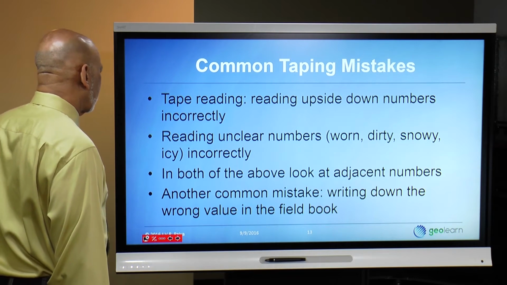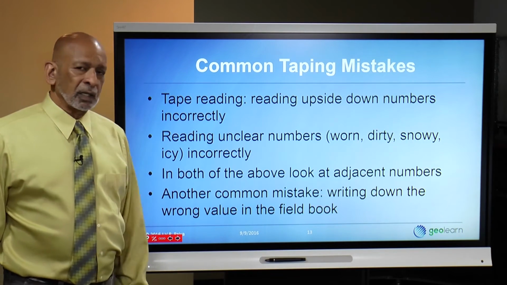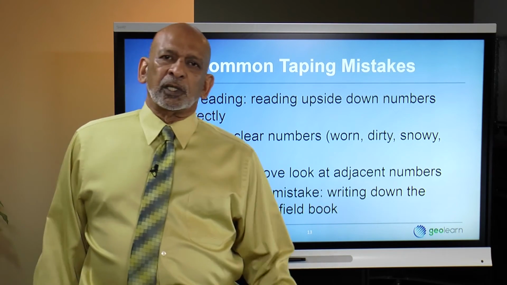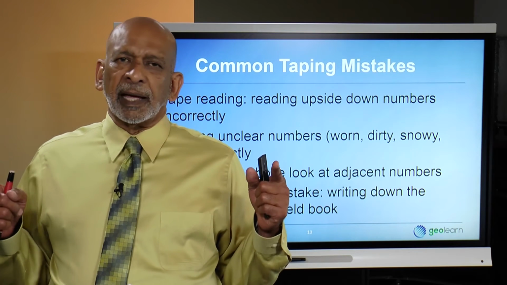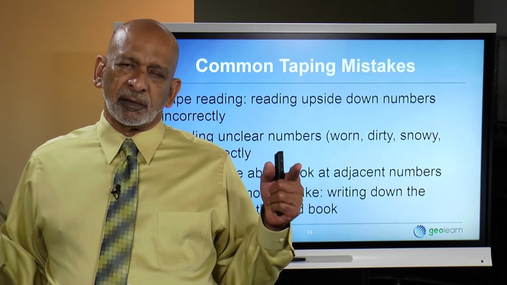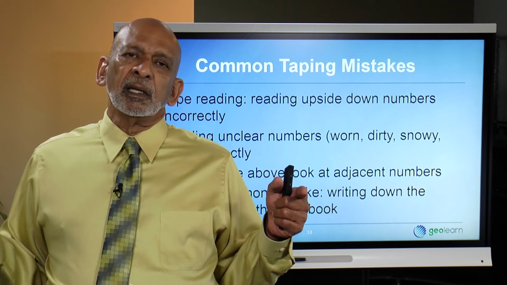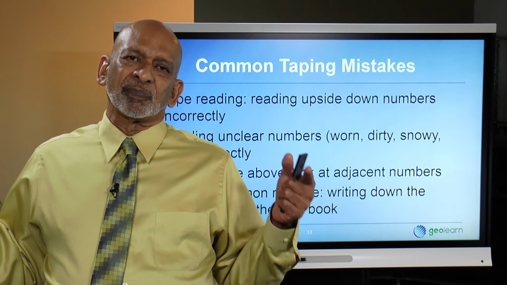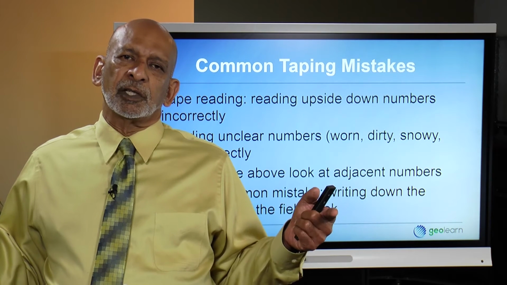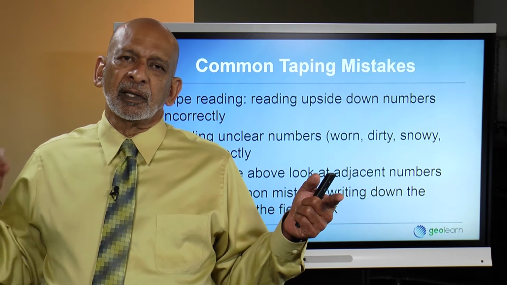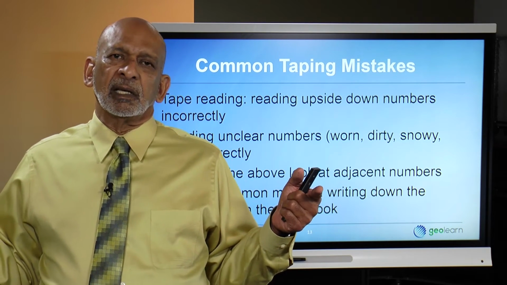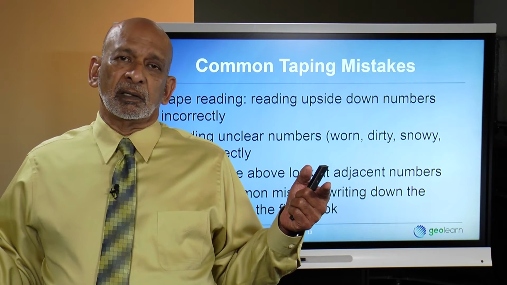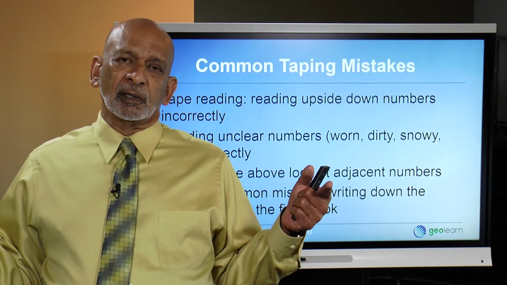Another common mistake is simply writing down the wrong number in the field book. So the typical procedure that I recommend you follow, and everybody really recommends, it's not just mine, is the head tape person will say whatever they're reading for a fraction of a foot, like 0.65. The rear person will say 100 or 50 or whatever.